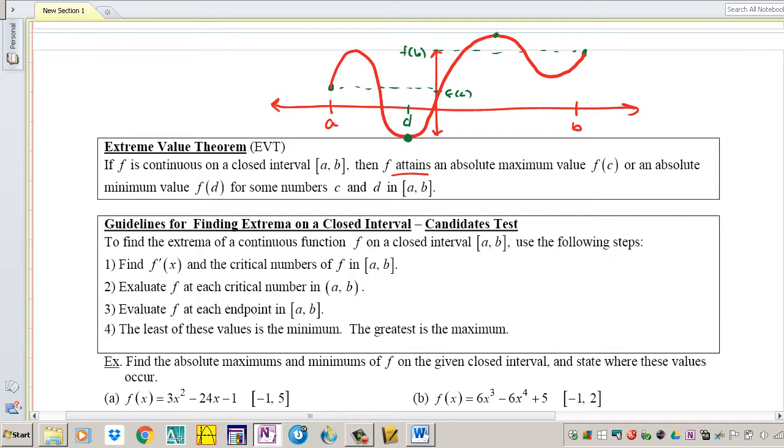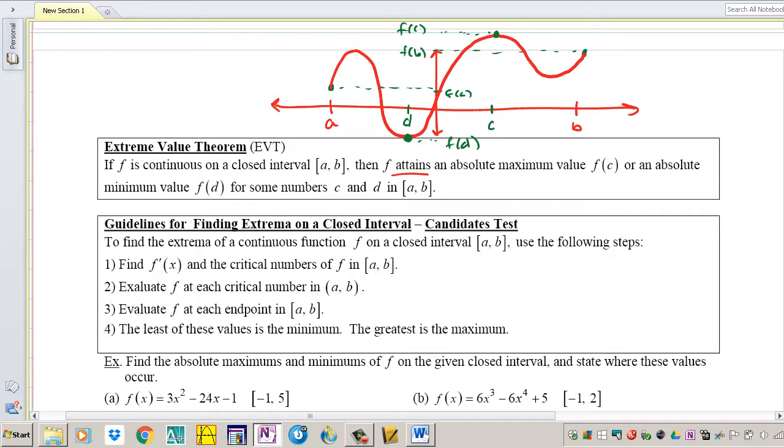Yes, I do. It's way up here, and that is my C. So that means that my f of C is my highest point, and my f of D is my lowest point. So that's one way you could represent the extreme value theorem. You can just draw a picture and just see it's true.